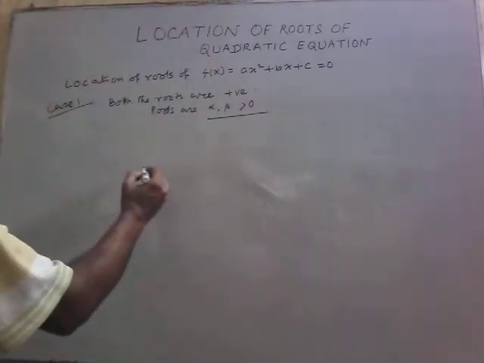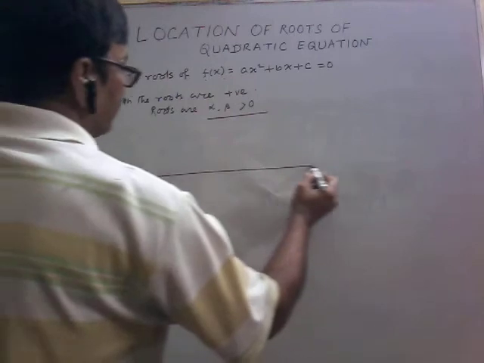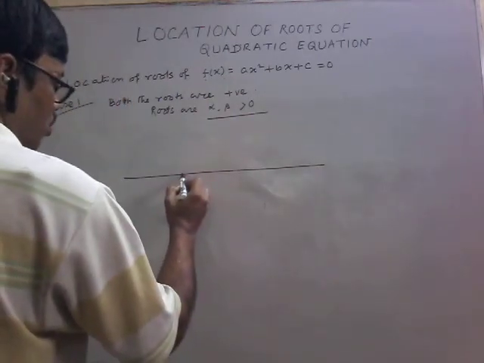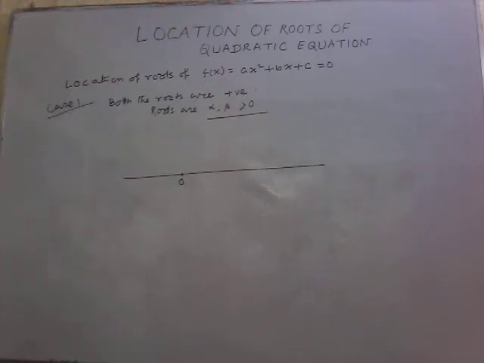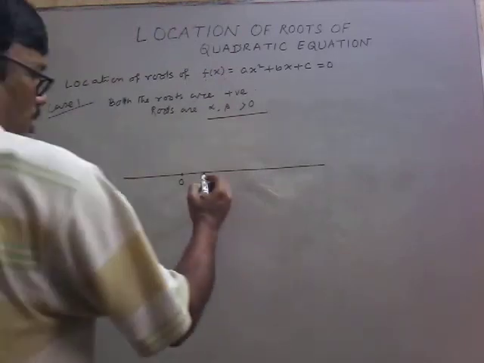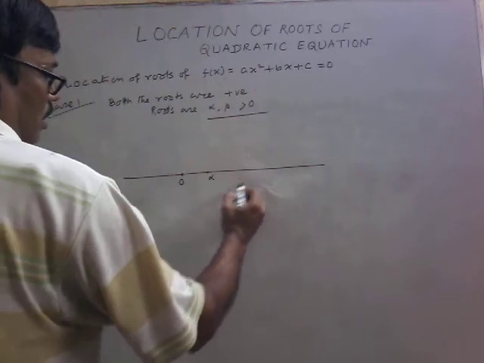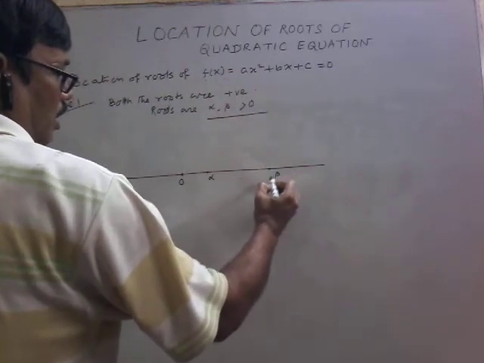So what will be our figure? Suppose this is the origin. Both the roots are positive. So this is alpha, this is beta.